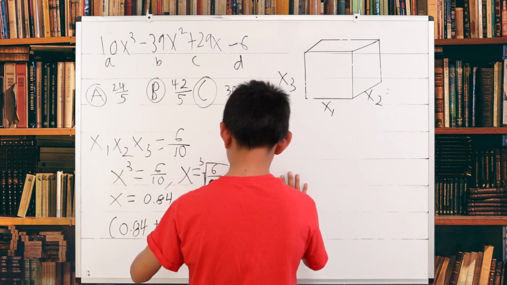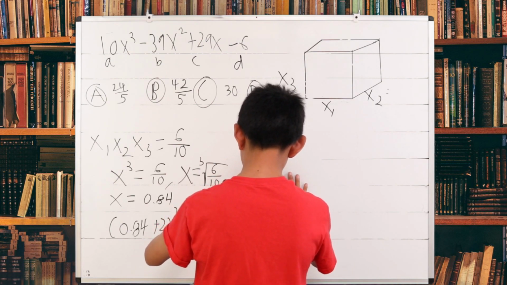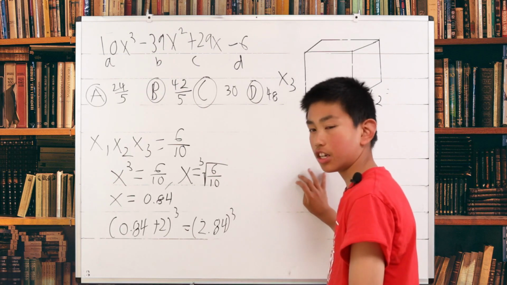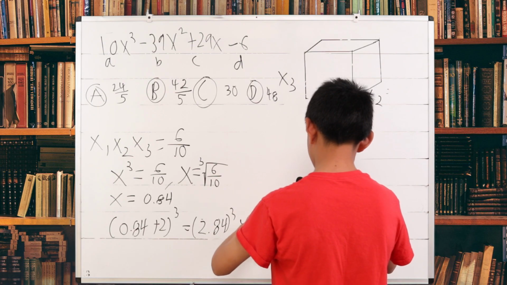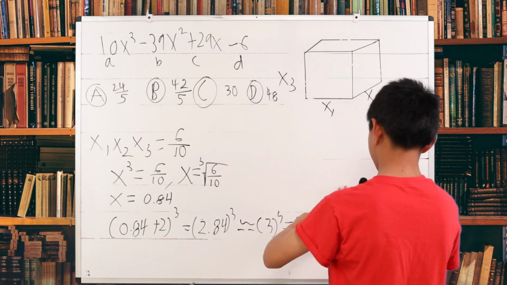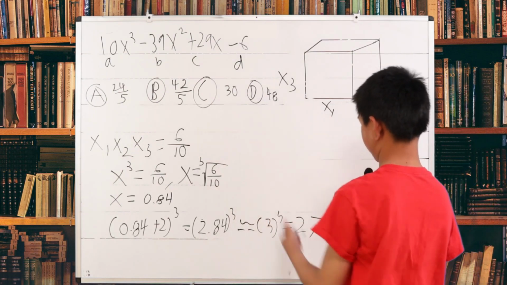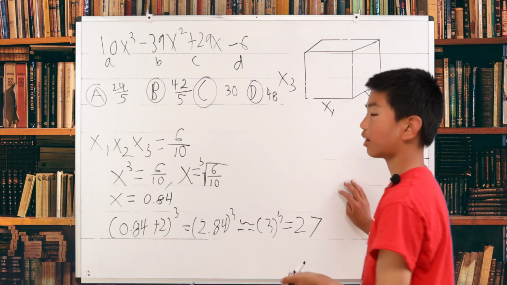This is just going to be equal to 2.84 cubed. The closest whole number to 2.84 is 3. So this is basically just 3 cubed, or 27. So the closest answer in these 4 answers to 27 is 30. So that is our correct answer.